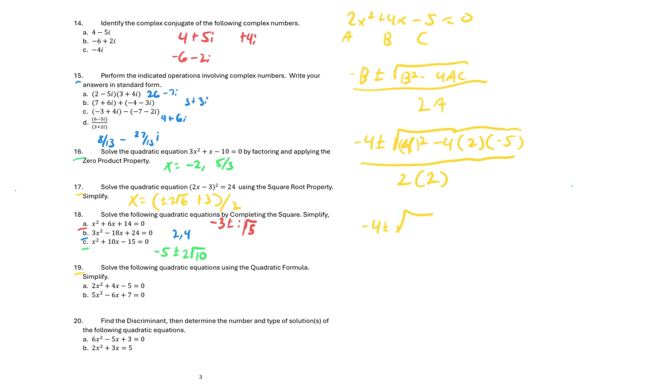So plug some of that into our calculator. We can get 56 under the square root over 4. And then this will simplify to negative 1 plus or minus 1/2 square root 14.